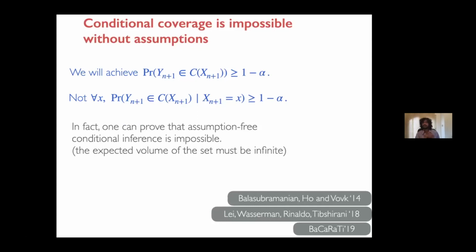Does that help? I will not go into that in this talk, but you can find a reference to a paper on any of our websites. But morally, conditional coverage is impossible. Marginal coverage is what we're aiming for. What we would like is a method that gives good conditional coverage in practice, but theoretically at least gives you marginal coverage without assumptions.